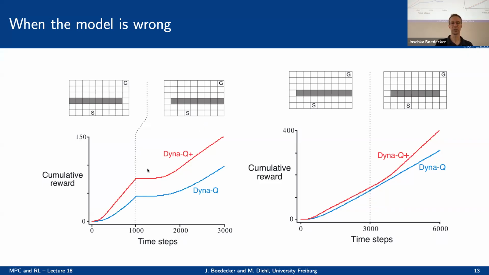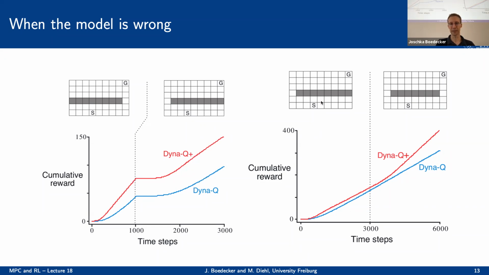It will still try to go there and needs some time to explore new regions of the state space and back up the values that are no longer good. And then after a while, it makes progress again, and then both have similar dynamics. But that's faster learning for DynaQ Plus, especially in the beginning.